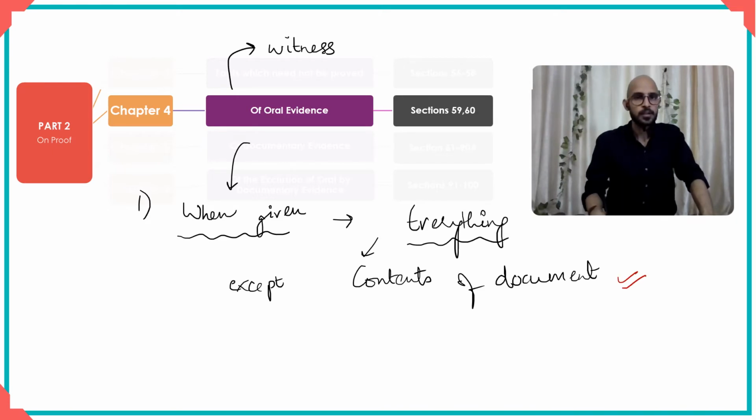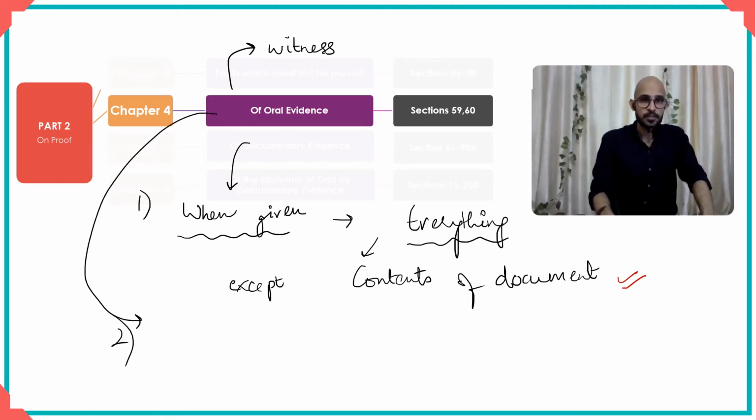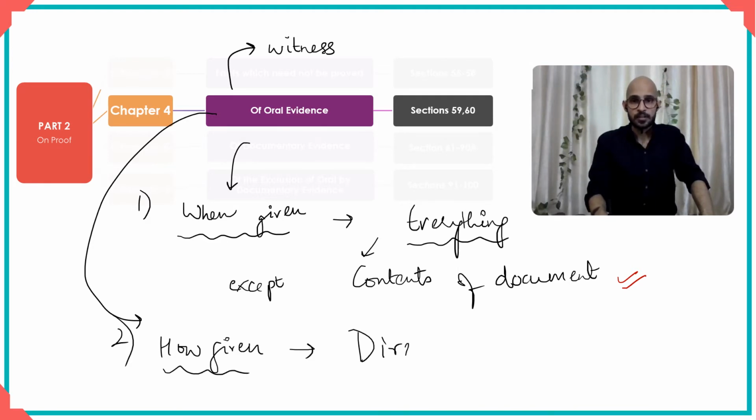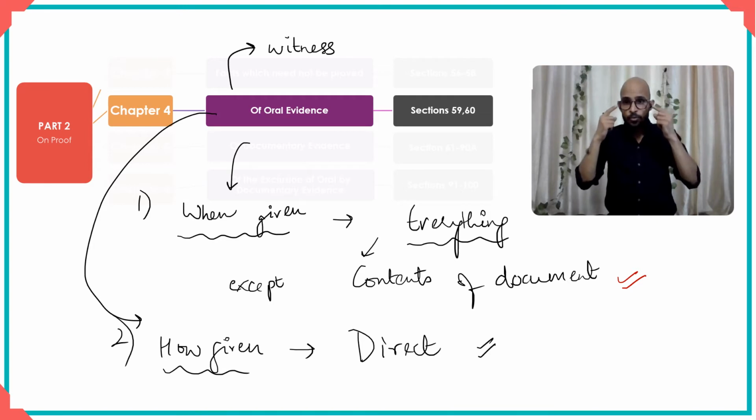Simple point. Second, and a very important rule, which is, how should oral evidence be given? Oral evidence has to be direct. In other words, if it was something that someone has seen, then the person who saw it should come to the court to speak.